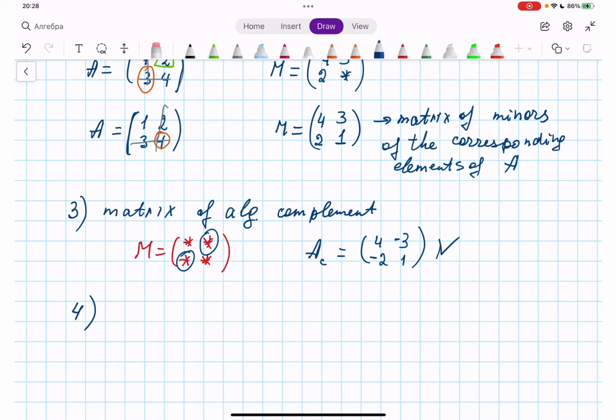Transposed matrix, to remind you, you can find in my previous videos, where the rows are represented as columns, okay, and that will become the transposed matrix. So let's see.